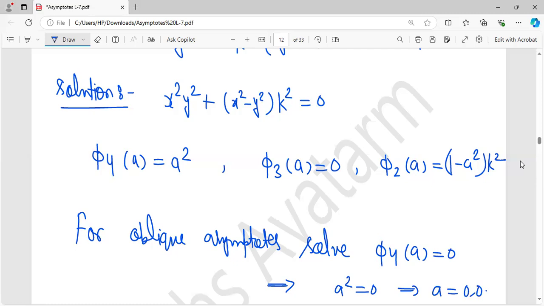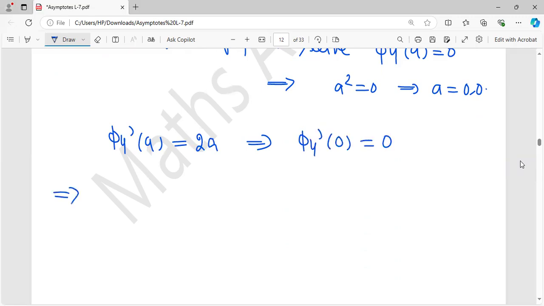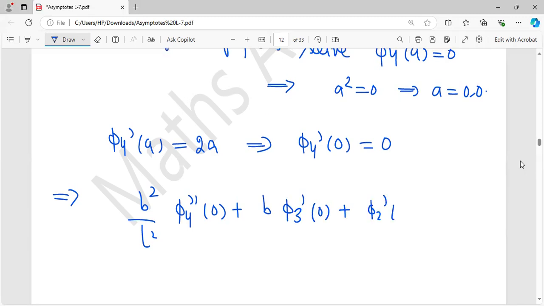So we know that phi 4 dash is 2A. It means phi 4 dash at 0 is 0. So we will calculate the B value by this formula: phi 4 double dash at 0 B square upon factorial 2 plus phi 3 dash at 0 B plus phi 2 at 0 equals 0.